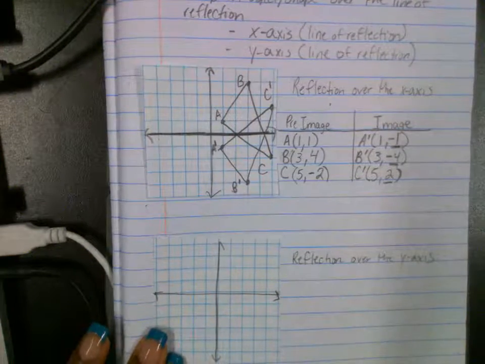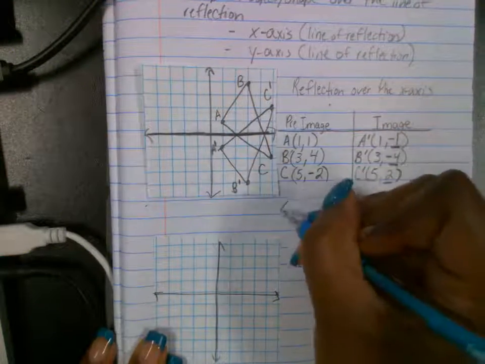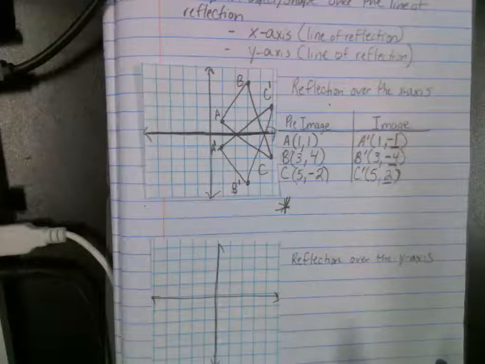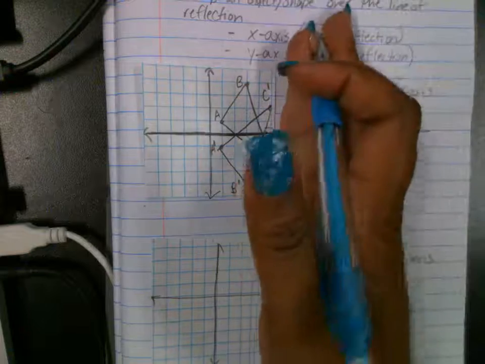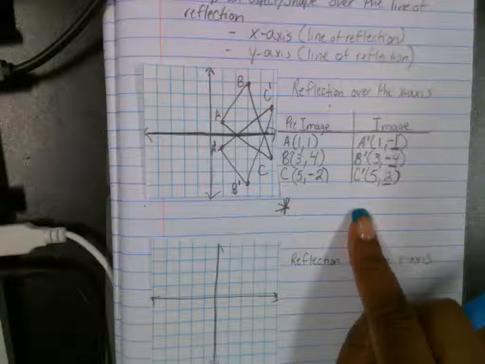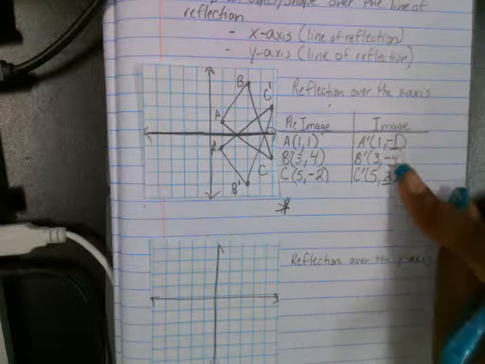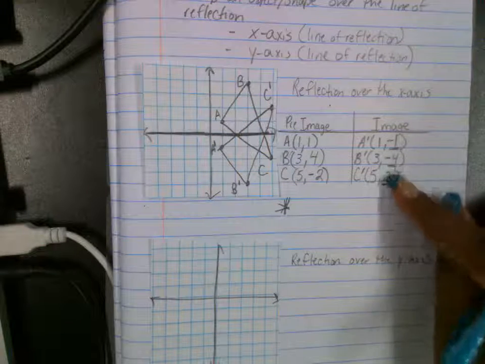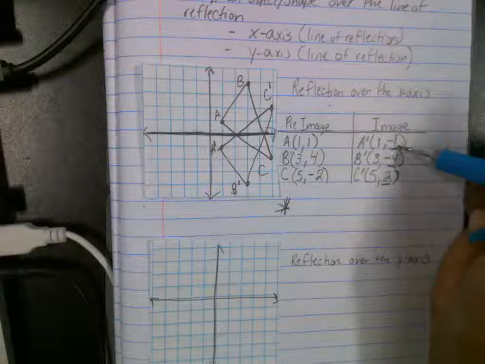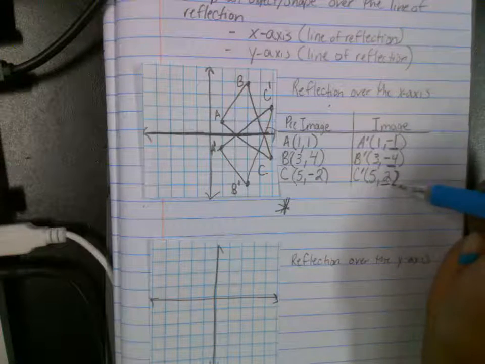So what pattern do you see in the points? We're going to write that in. What do you notice from pre-image to image? What pattern do you see in these ordered pairs? The sign of the y coordinate changes. If it's positive, it changes to a negative. If it's negative, it changes to a positive.